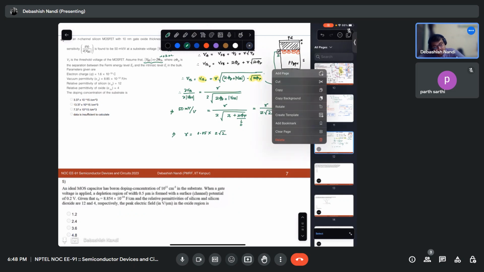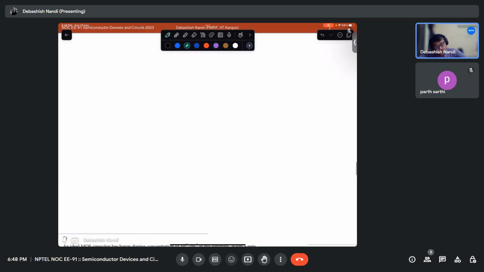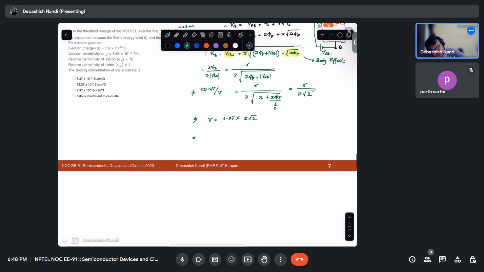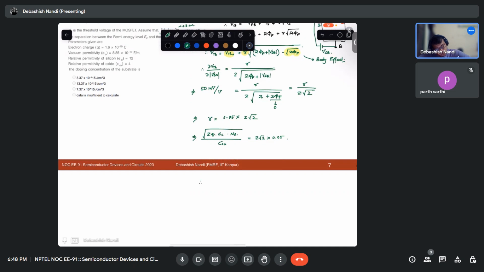So what is your gamma? Root over 2q epsilon s times Na over Cox, equals 2 root 2 into 0.05. So what will be your Na?